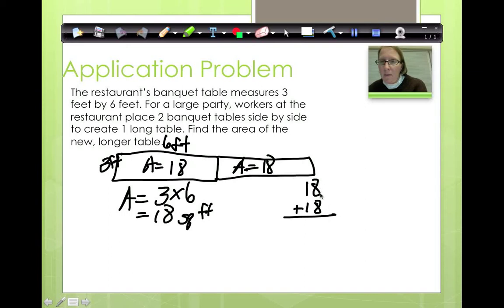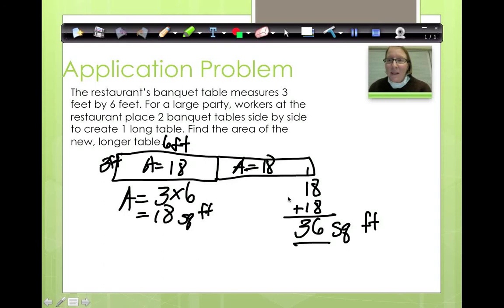So 8 plus 8 is 16. Alright, so 1, 2, 3 tens. I've got 36 square feet. Sometimes this is the easiest way to handle it. And either way, it's fine, right? They both came up with the same answer.